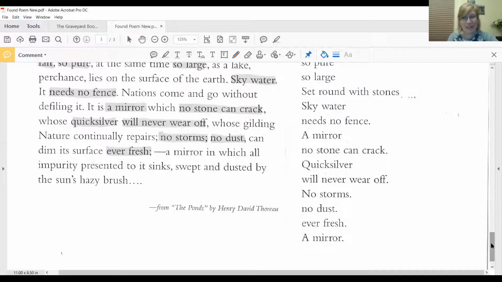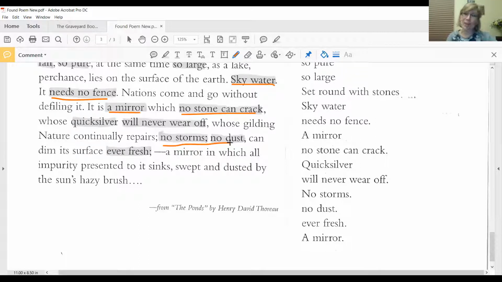Kind of cool, huh? Again, I didn't create words of my own. I didn't think of words on my own. Instead, what I did was look over the text and read the words, thinking which ones stand out that seem poetic, meaningful, create a picture in my mind.